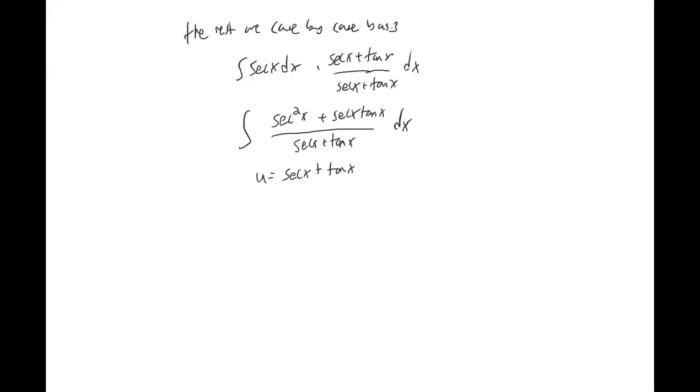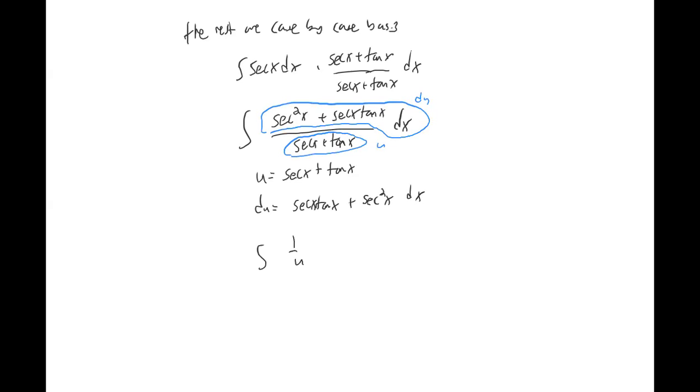Because du is the derivative of secant, which is secant x tan x, plus the derivative of tangent, which is secant squared. And guess what? This is exactly du, and this is exactly u. So this is just the integral of 1 over u du.